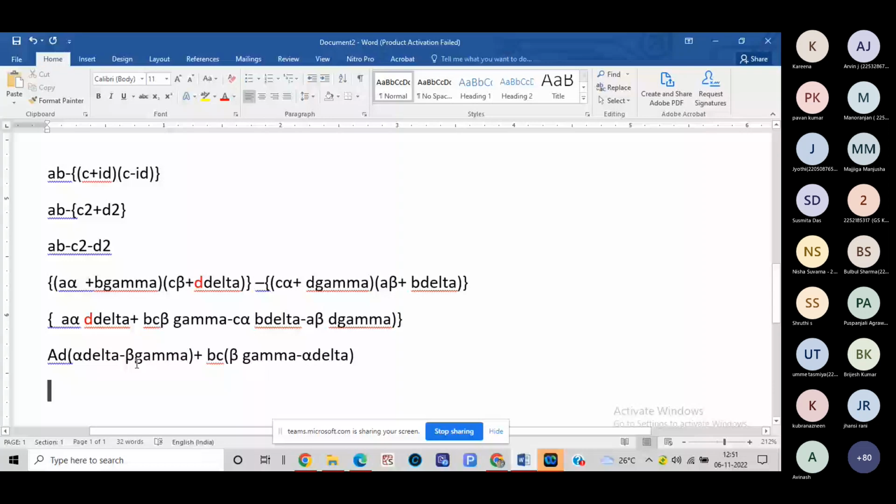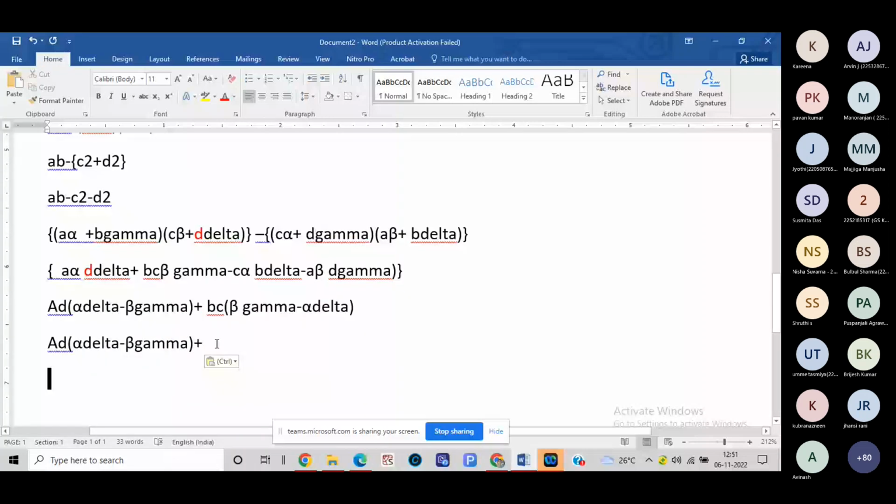See, if you take this minus outside, you write this term as it is. If you want to prove LHS is equal to RHS, then I am taking the common minus out, so this term should be minus BC. And inside, what happens? Alpha delta minus beta gamma. This is plus, you will get it.